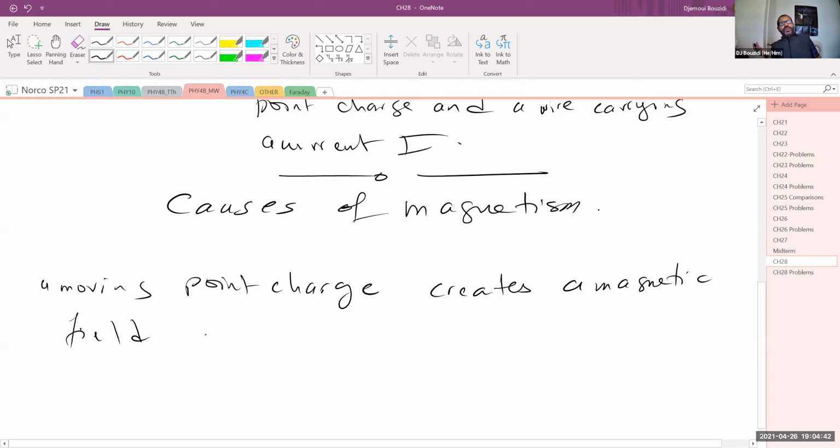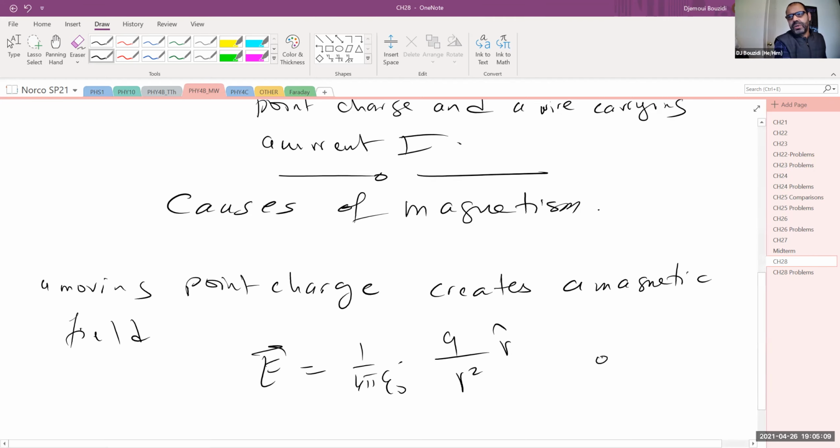Remember when we did electrostatics, we said that a charge will create a force, and then we can work out the details of that force and get rid of the charge. At the end, we have an electric field. For a point charge, the electric field is given by 1 over 4 pi epsilon naught times the charge divided by r squared times r hat, where r hat points from the point where the charge is to where we want to find the electric field.